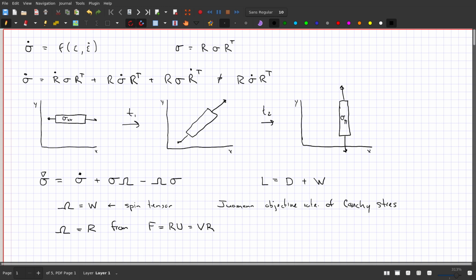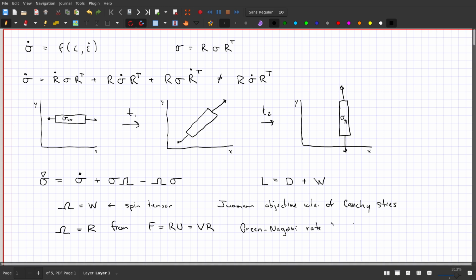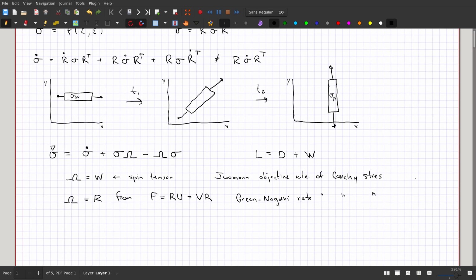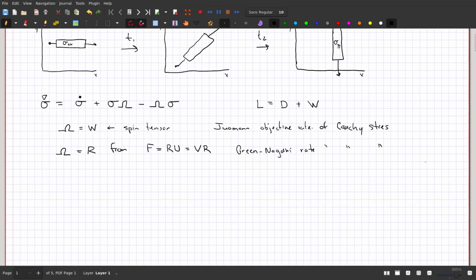This is called the Green-Naghdi rate of Cauchy stress. And this is a good rate. This is one I've often used in computer implementations. It's also known as the co-rotational stress, I guess.